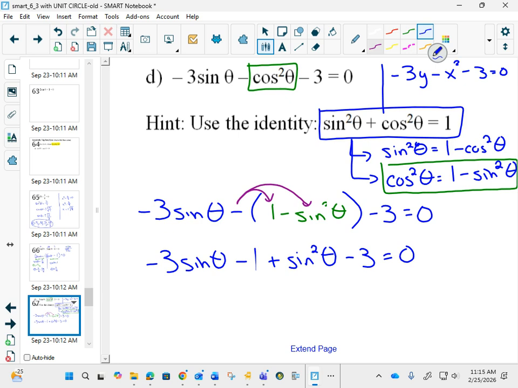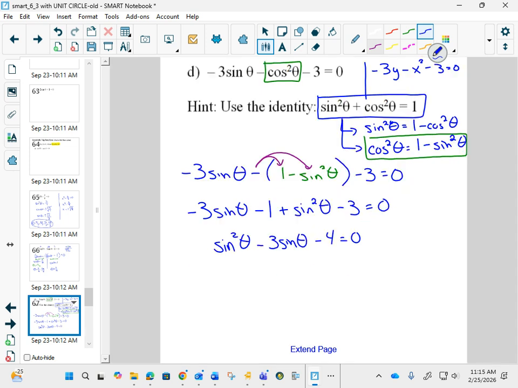It's quadratic. So I can factor, I can use the quadratic formula. Before I look at either of those, I like to write my quadratic equations always with the squared thing first. Then I'd have minus 3 sine theta. Minus 1 and minus 3 are like terms. Minus 4 equals 0.